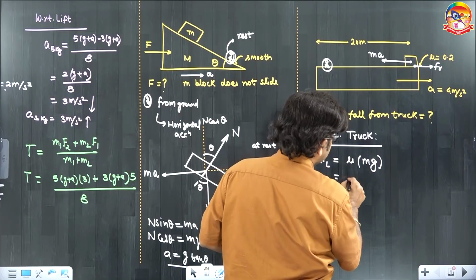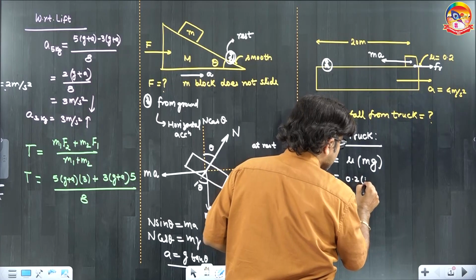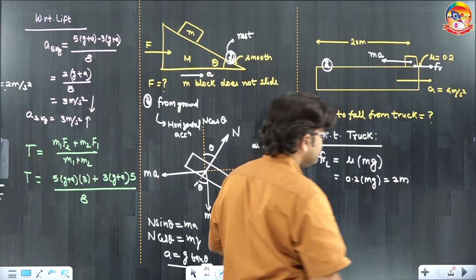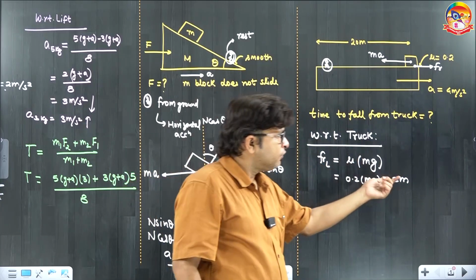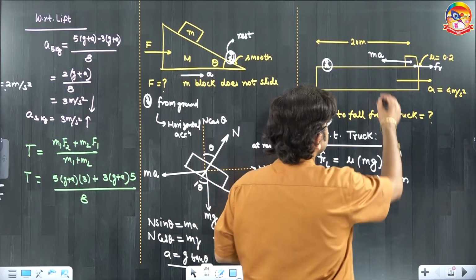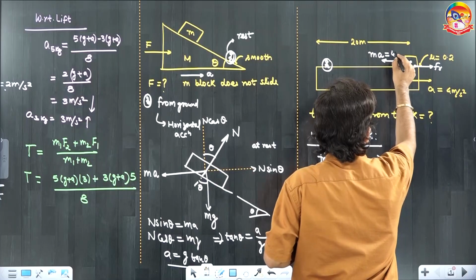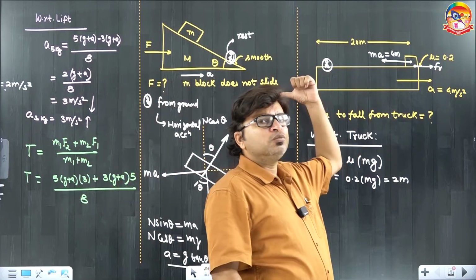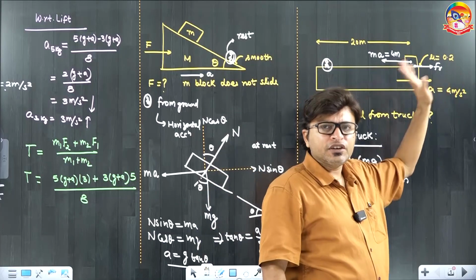Mu is 0.2, so 0.2 into mg, which is equal to 2m. Now see here, friction maximum value is 2m, but the force acting over here is m into a, which is actually how much? 4m. So which force is more? 4m is more, 2m is less.